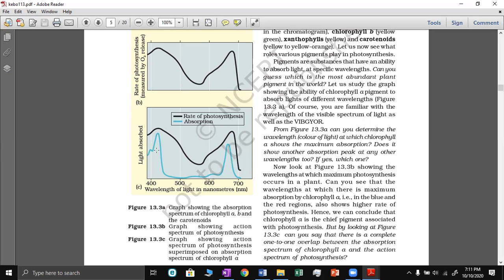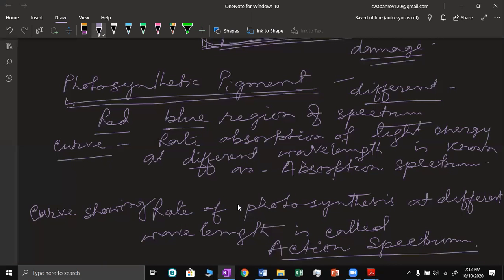So the rate of absorption is high at blue and at red, and the rate of photosynthesis is also high in the blue and red region. So this is the absorption spectrum and the action spectrum.